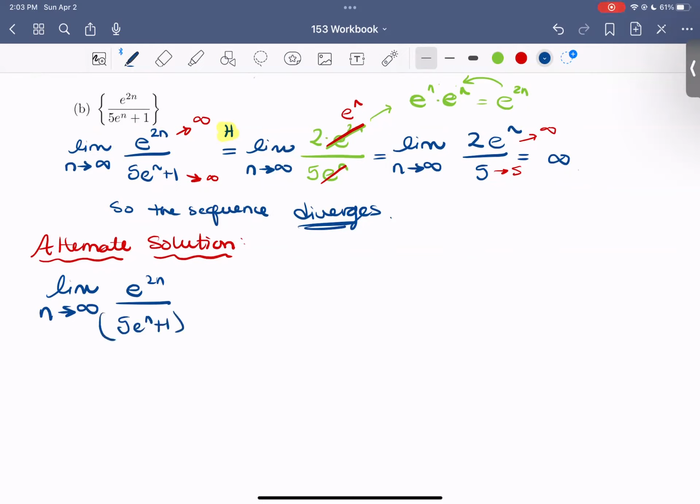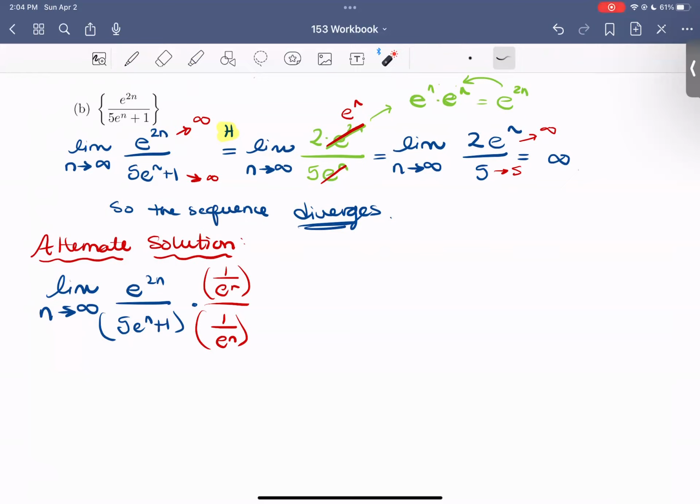At this stage, we can manipulate this term to make it a little bit easier to work with. We can multiply the numerator and denominator by 1 over e to the n. Why are we doing that? This e to the n in the denominator is giving us issues because we also have an e to the n type thing in the numerator.